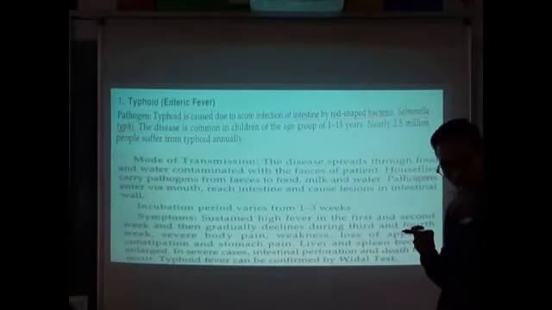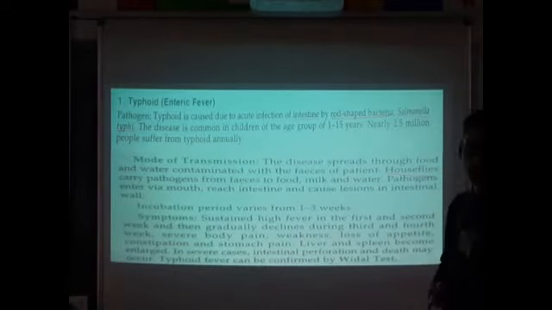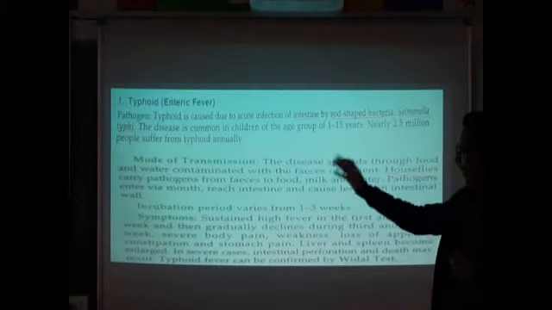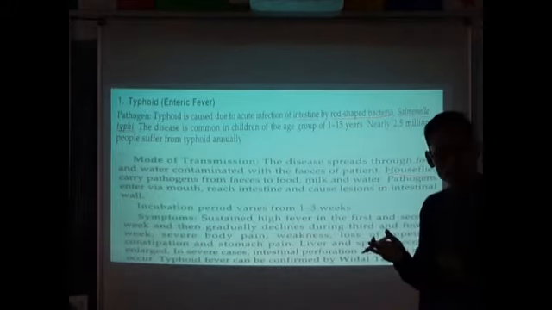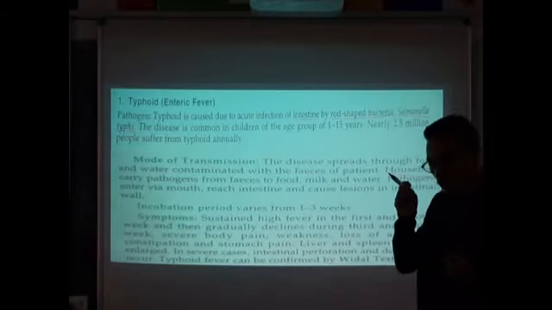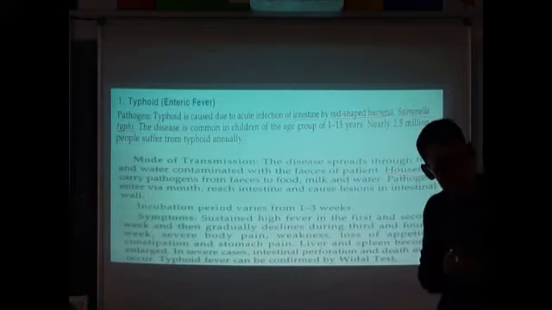At that particular time, the food that we are taking, which is contaminated by this bacteria, will also become infected by this bacteria and will cause typhoid. So look over here. The disease spreads through the food and contaminated water. Now what do you mean by contaminated water? Those which contain the bacteria Salmonella typhi.